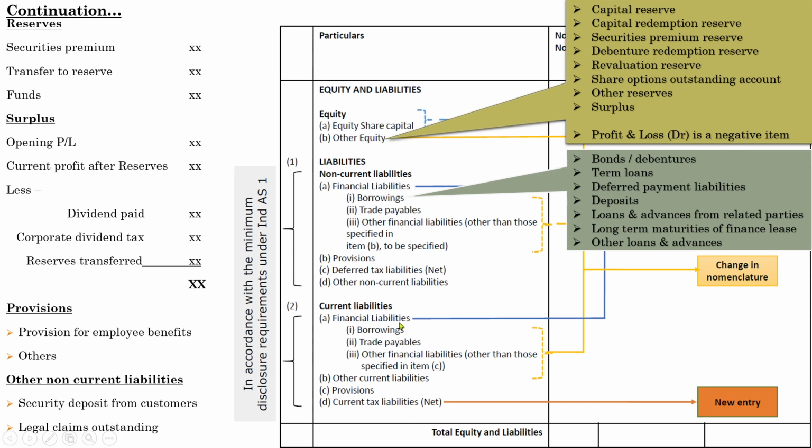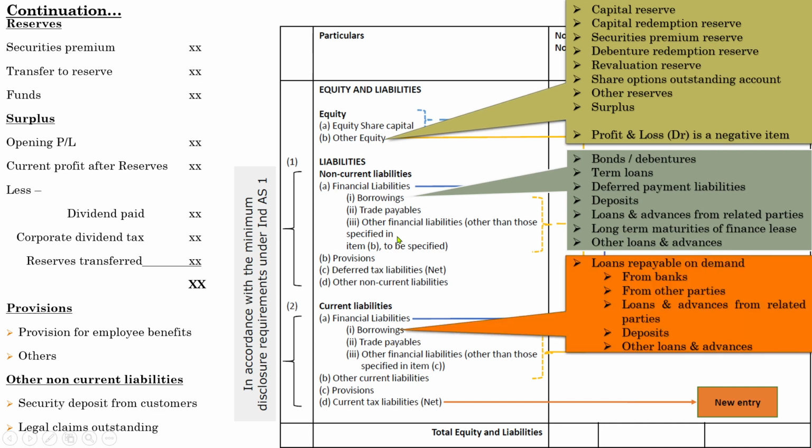Under financial liabilities, there are borrowings, trade payables, and other financial liabilities, just like the items that come under non-current liabilities also. So under borrowings, the first item includes loans repayable on demand. Usually loans on demand will be provided for a period of less than 12 months. That is why it is mentioned.